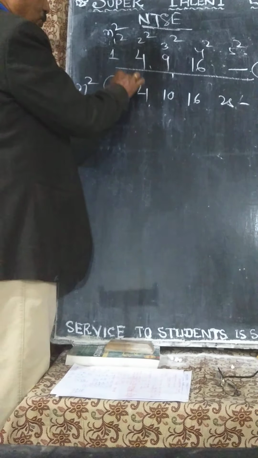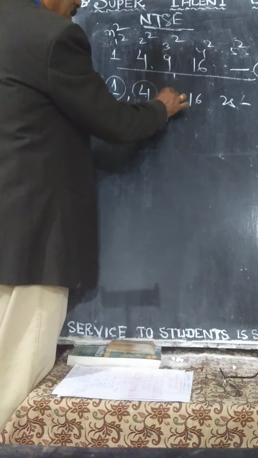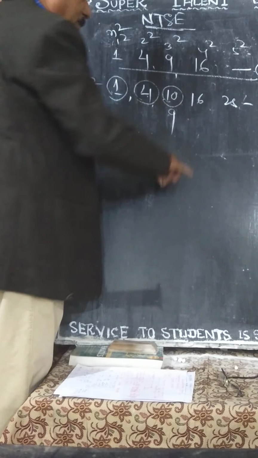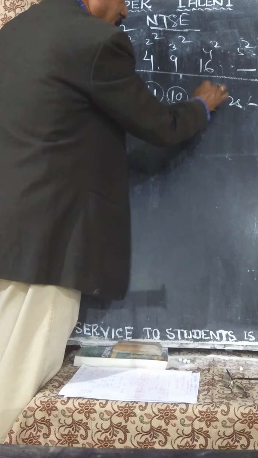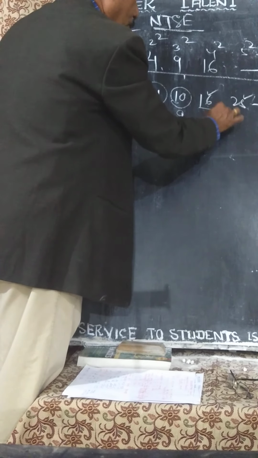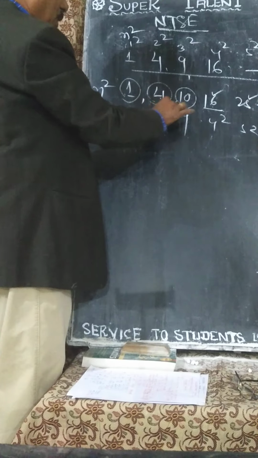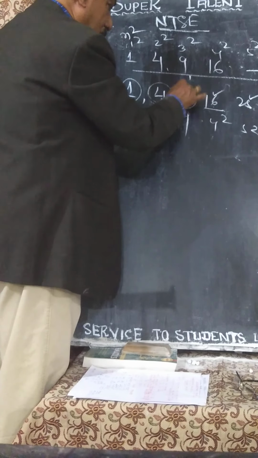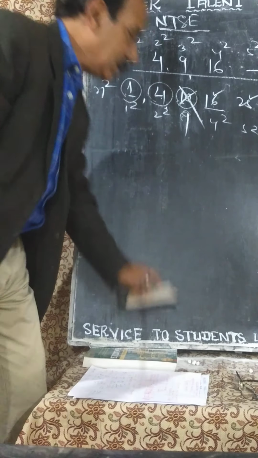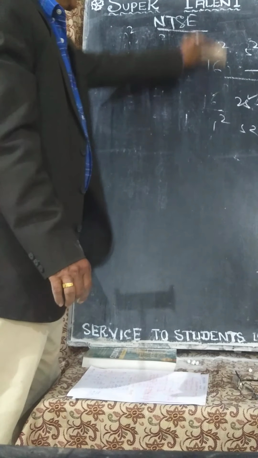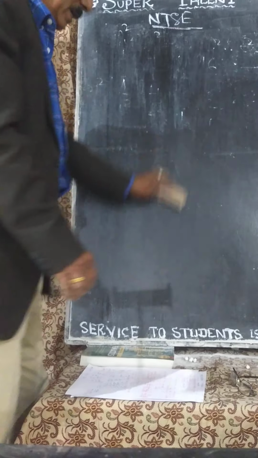Suppose 1 square is 1, 2 square is 4, 3 square must be 9, then 4 square is also right, 5 square is right. So in 1, 4, 9, 16, 25, 2 square, 1 square, this is wrong. So this is odd one out. Now it is clear? Then the logic will continue, the same logic in analogy.